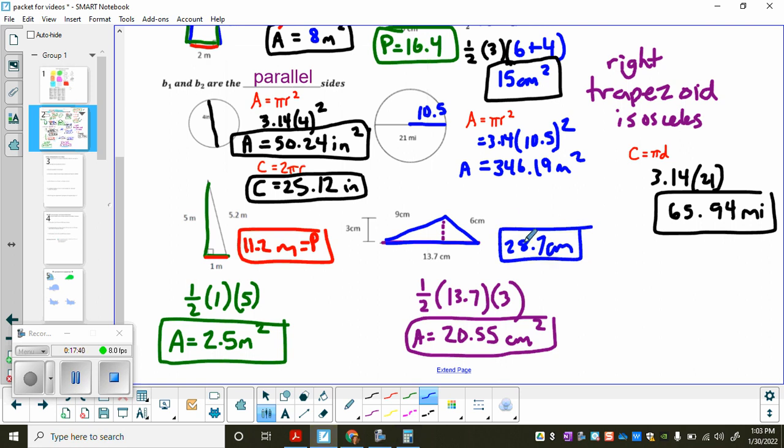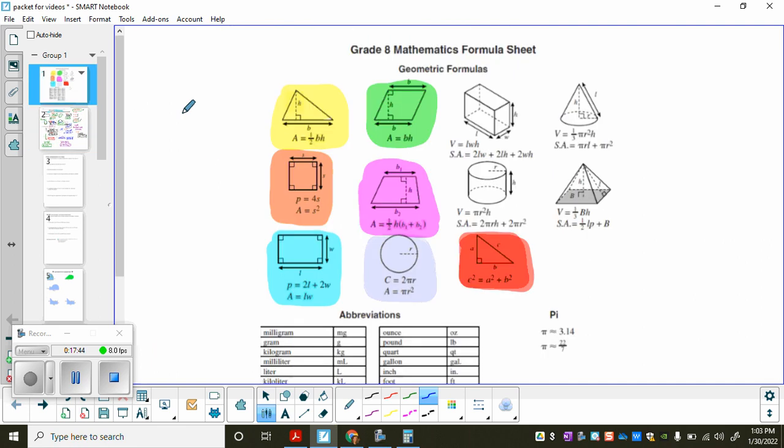So the purpose of the first page here was simply to review the basics of the formula sheet. Here we just covered area of a triangle. We talked about how for the parallelogram and the rectangle and square type shapes here, we've got base times height, or again, length times width, same thing. We talked about the distance around them, twice the length and then twice the height. We've covered that for these shapes here and here and here.